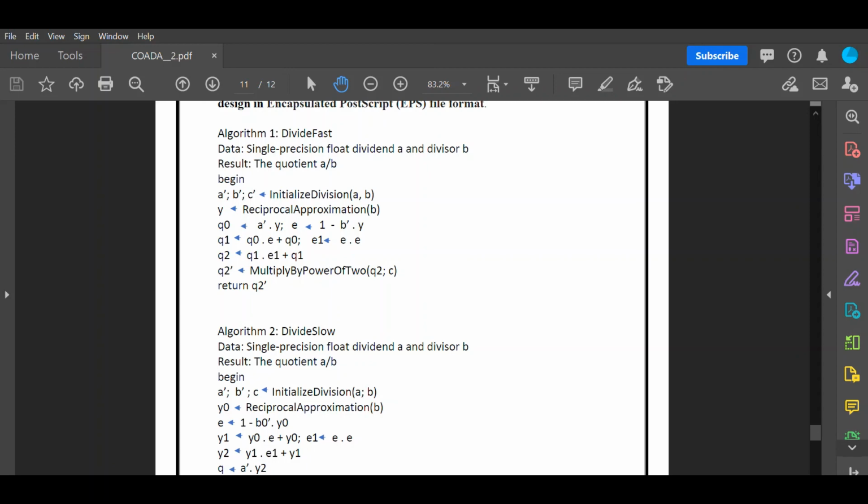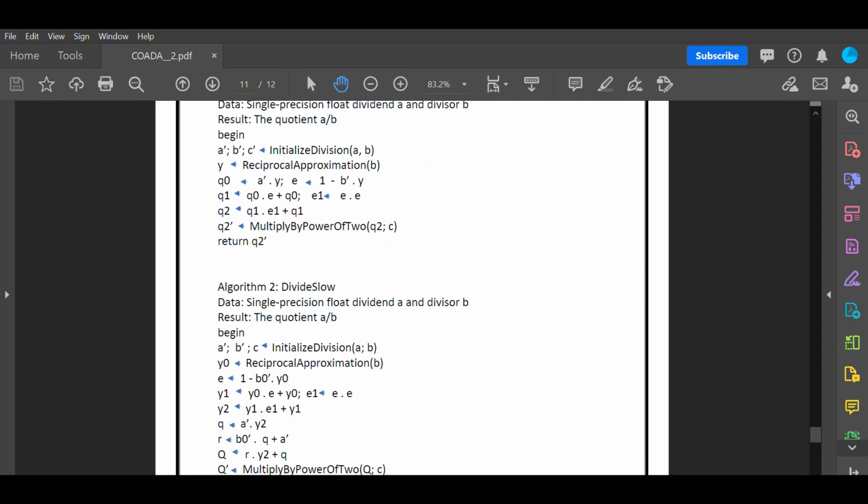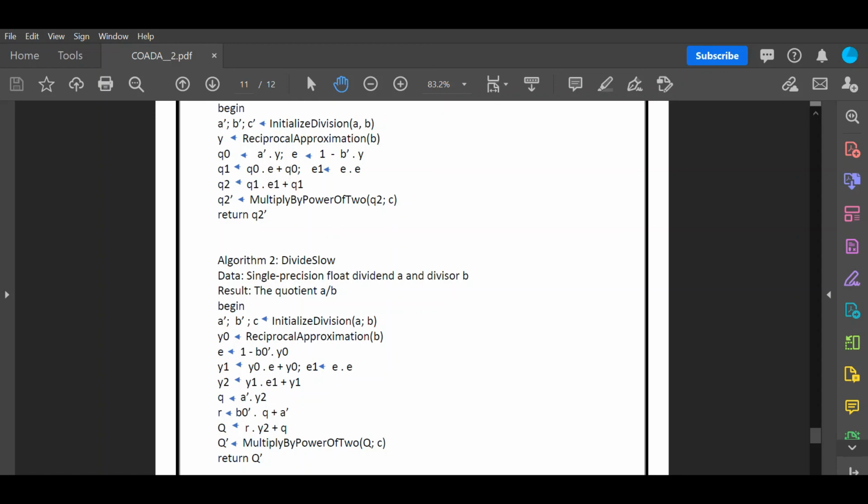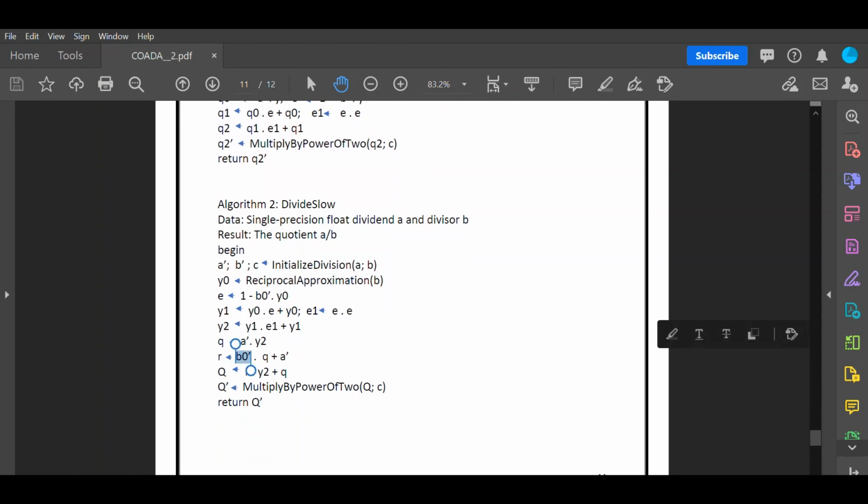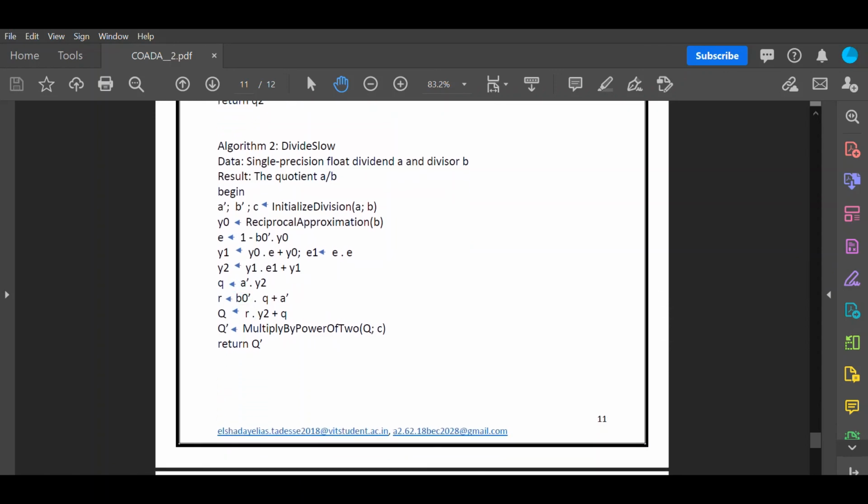Then the reciprocal approximation of B is given as Y. Then Q naught will be set as A dash, and at last it will be multiplied by a power of 2, giving Q2 as a return. And for the divide slow also, the algorithm is given here.